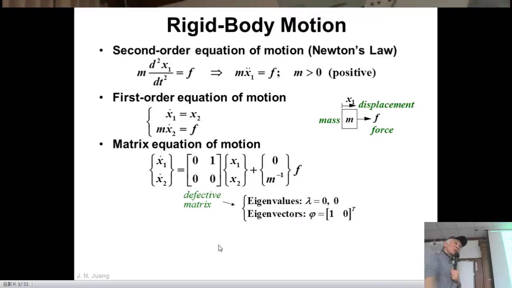Then I will show you the significance of losing 1 eigenvector. If I have 2 eigenvectors, that makes my problem easier. Right?